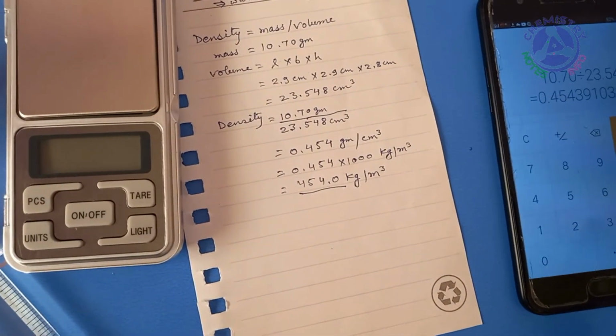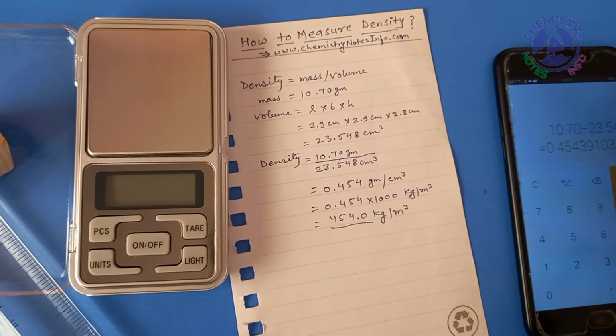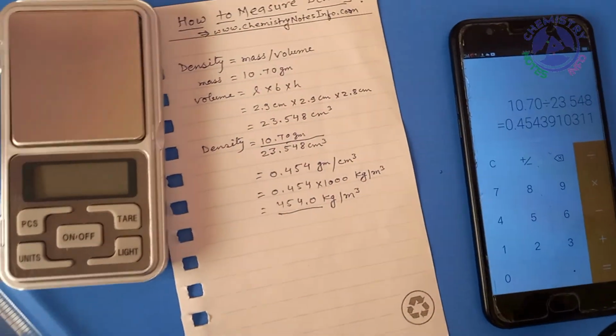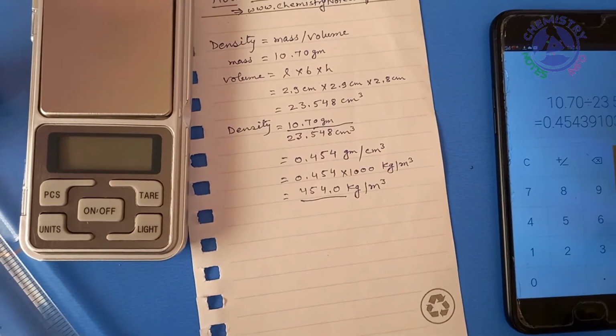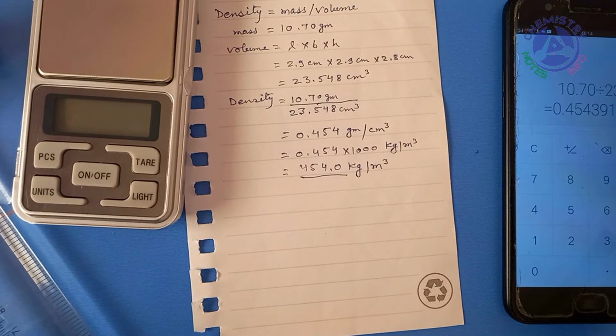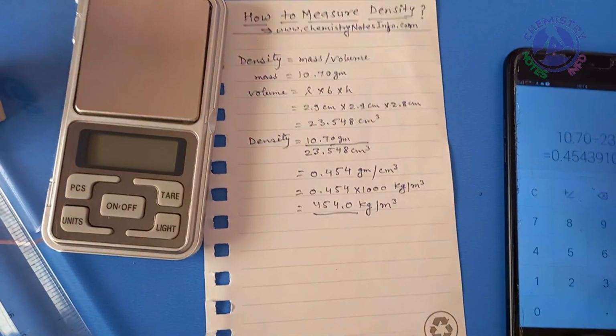For liquids we can measure their mass with the help of a balance and volume with the help of a measuring cylinder. So we can get the density of liquids in that way, and we can also measure density of liquids with the help of hydrometers, which we can demonstrate in our upcoming practicals.